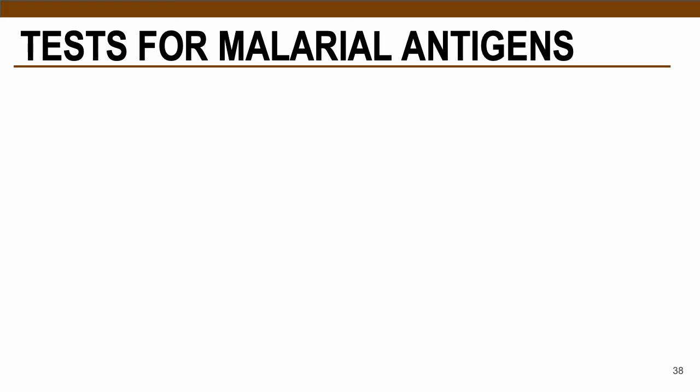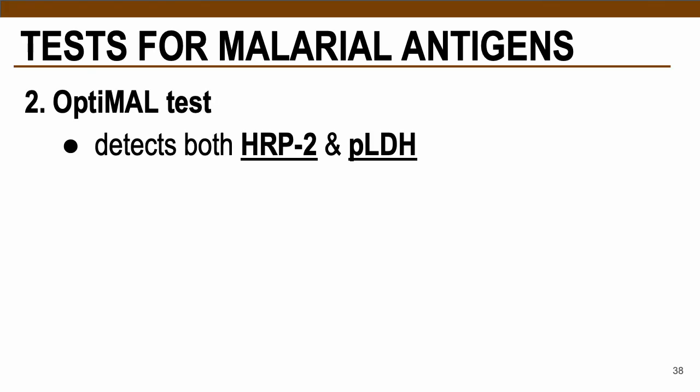So the next one is the OptiMAL test. This is similar in principle to your ParaSight F, but this detects both the HRP2 and the parasite lactate dehydrogenase. This is a rapid detection test using a dipstick coated with monoclonal antibodies against the metabolic enzyme of your pLDH and HRP2. In cases of presence of Plasmodium in the blood sample, the pLDH captured by the conjugate reacts with the specific antibodies against Plasmodium falciparum or Plasmodium species.